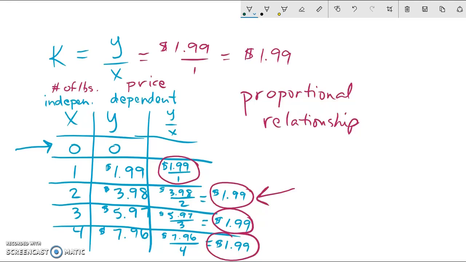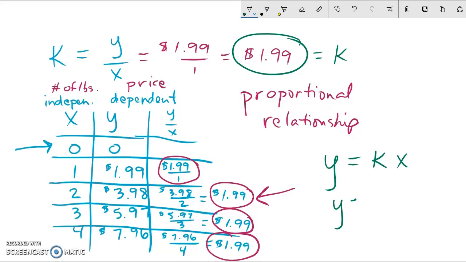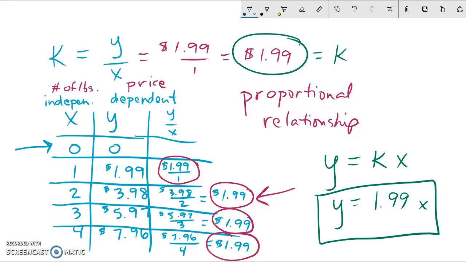I have my constant now. My constant is $1.99. So I'm simply going to plug that into my equation, which is y equals kx. And if $1.99 is my k value, then all I need to do is substitute that in, and now I have my equation.